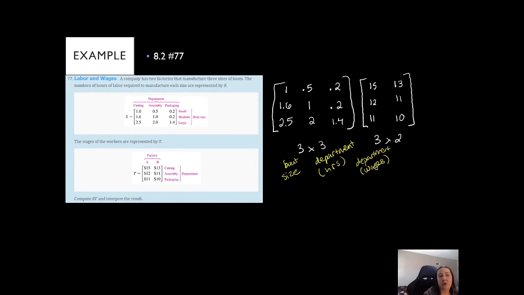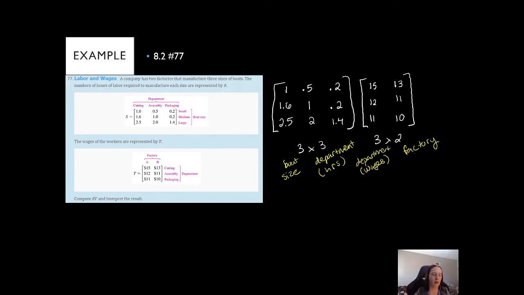And these are basically wages per hour. So when we're multiplying the department hours by the wages per hour, the hours are going to cancel out and our result is going to be wages, basically. We're going to get the total amount of money as our output. And then our columns here are for each factory.